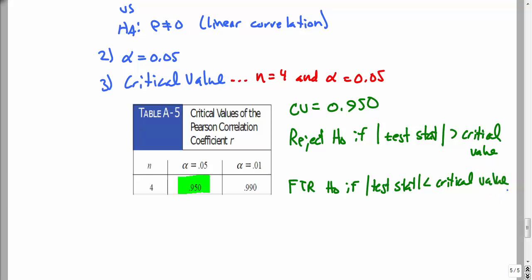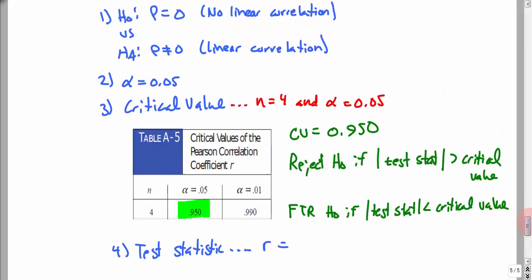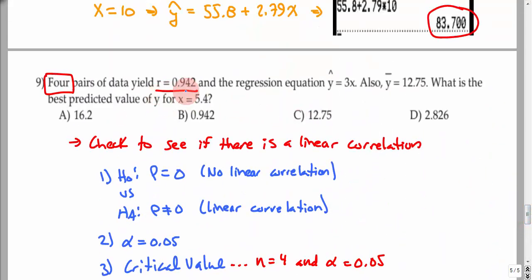Okay, so next thing we'll do is find our test statistic, and that was actually given to us up above. That was given in the problem as R equals 0.942.